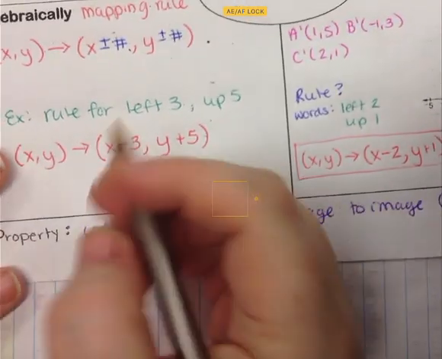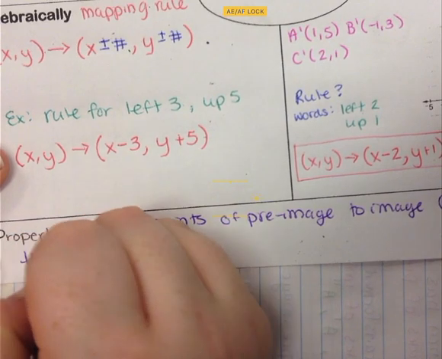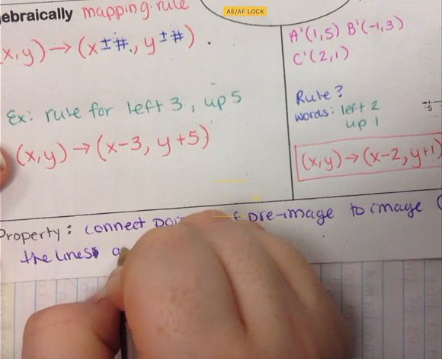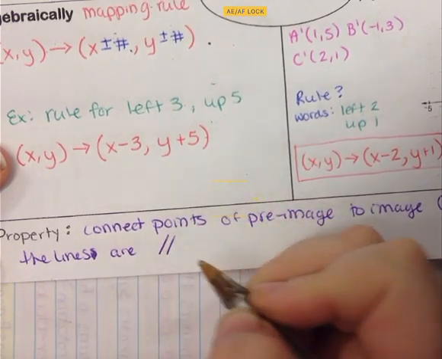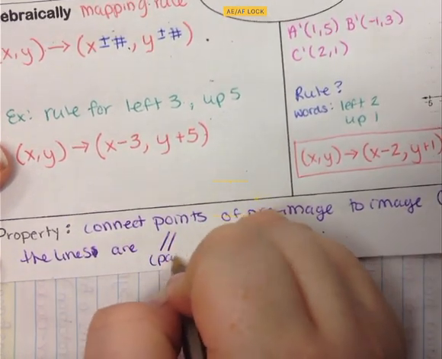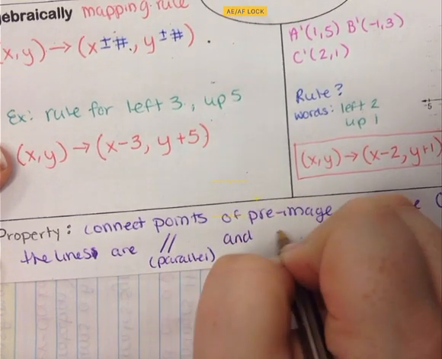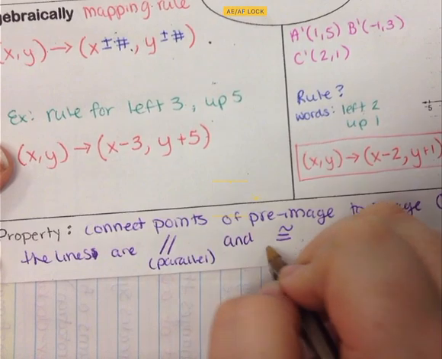Those lines that you have are parallel, that's the symbol for parallel, and congruent, that's the symbol for congruent.